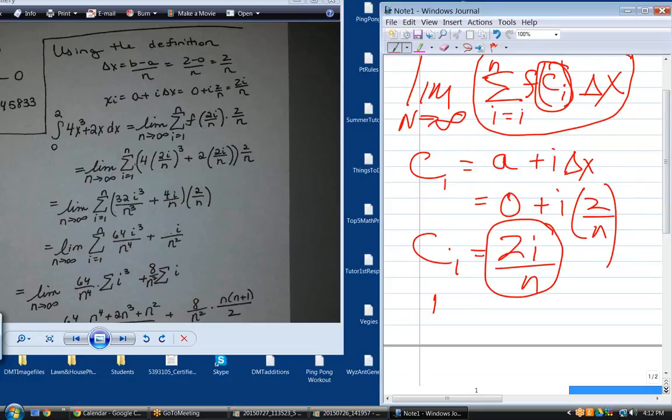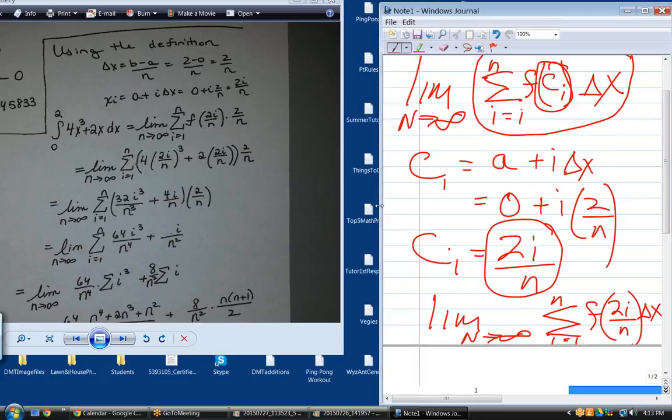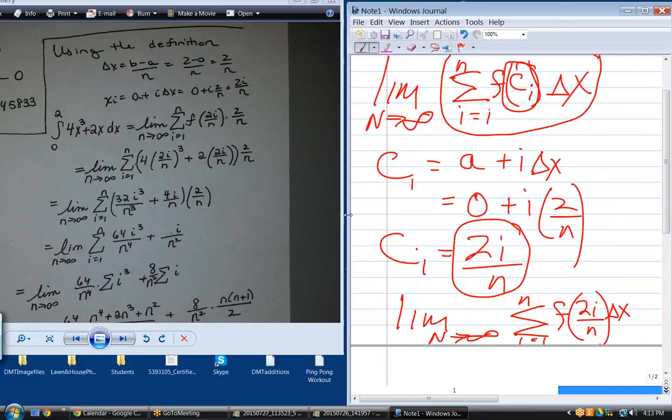So what I really want is the limit as n goes to infinity of sigma as I goes from 1 to n of f of 2I over n delta x. Step 1. And in place of delta x, I know that that's 2 over n, so let's go ahead and write that as 2 over n.